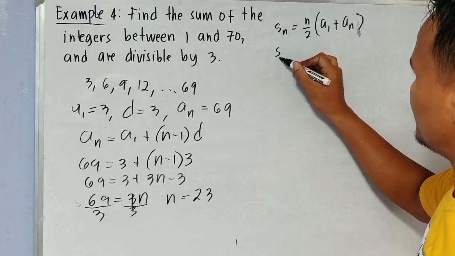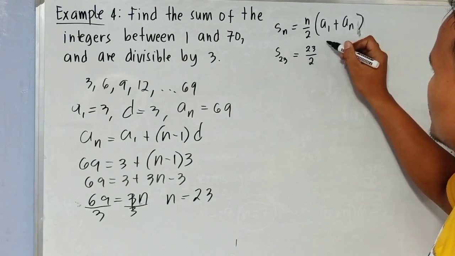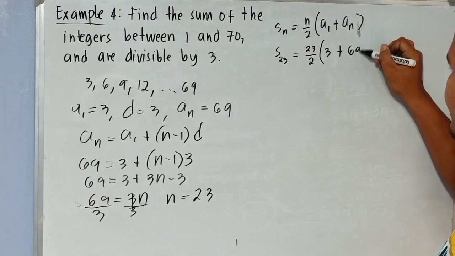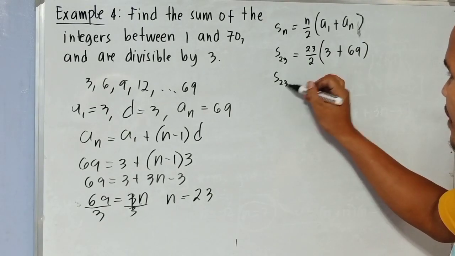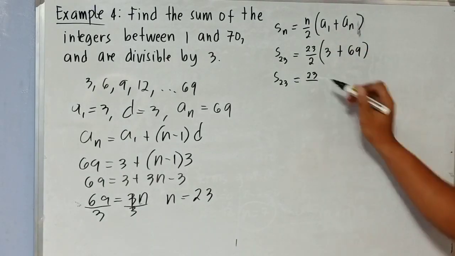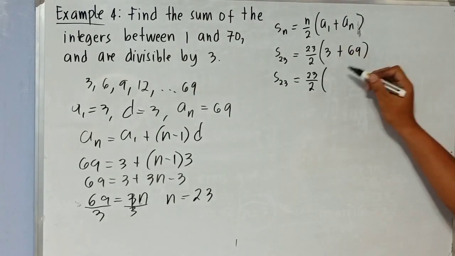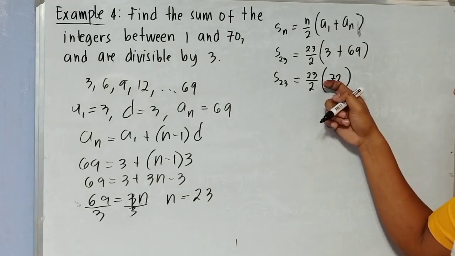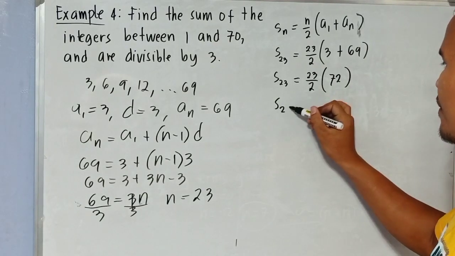We have S sub 23 equals 23 over 2 times the first term 3 plus the last term 69. Then S sub 23 equals 23 is not divisible by 2, so let us leave this one as a fraction. Then add 3 plus 69, that's 72. Okay, in this case 72 is divisible by 2, so we can divide 72 by 2.